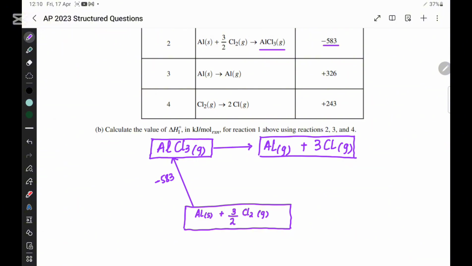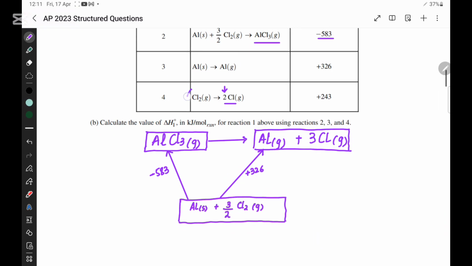Then aluminium in solid state goes to aluminium in gas state. So we have to put an arrow from this solid to this point, and that is going to be plus 326. Now for chloride, you know it is Cl2 and it is forming 2Cl. But here we want 3Cl. So for that purpose, how can we put 3 here?